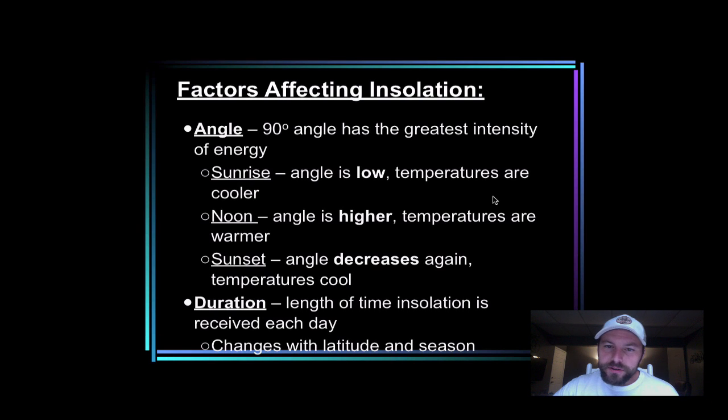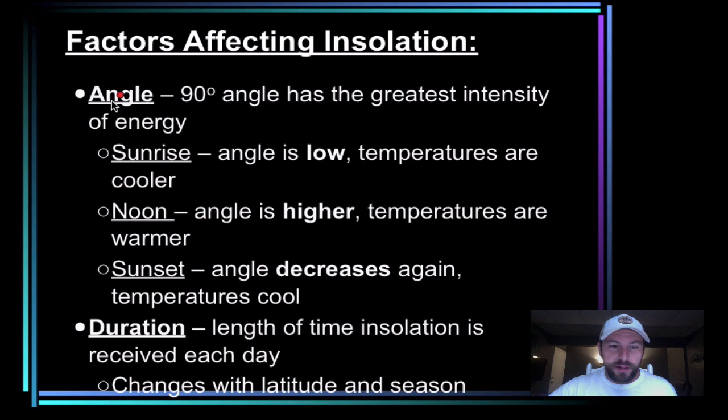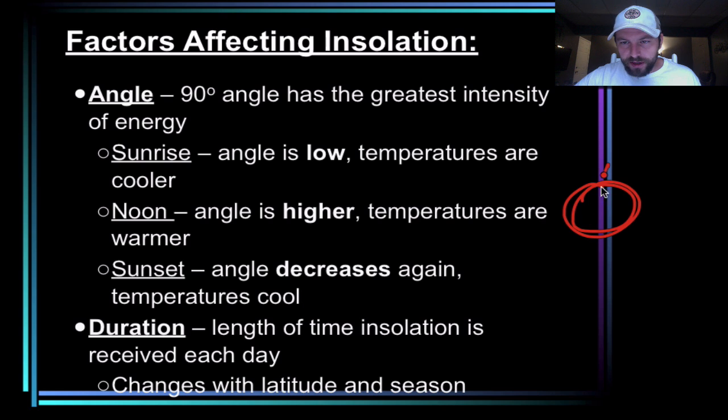Okay, factors affecting insolation. One of the biggest ones is going to be angle. The angle at which the sun's energy is coming in is going to have a huge impact on how much energy we receive per unit area. Here's our sun right here, happy sun, and here's the ground.